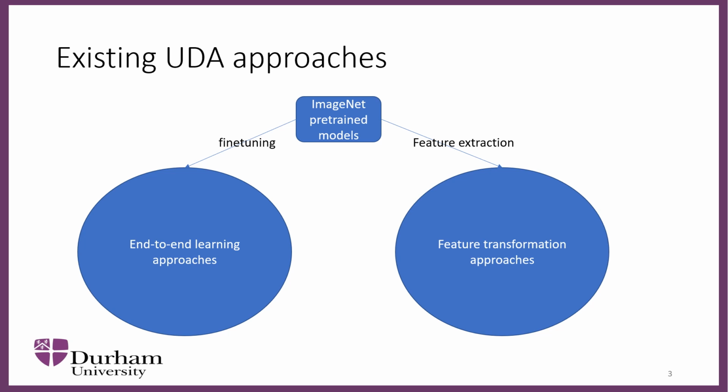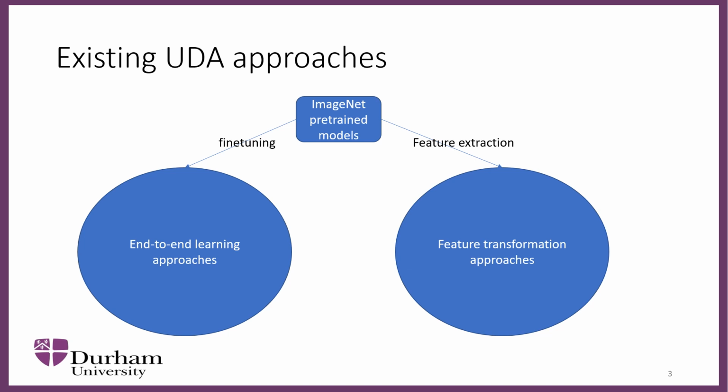End-to-end learning approaches use the pre-trained networks as backbones and modify the network architectures to learn domain-invariant representations and classification heads. In contrast, feature transformation approaches use a pre-trained model as a feature extractor and extract the deep features for the subsequent transformation and classifier training. It is obvious that feature transformation approaches rely on the capabilities of pre-trained deep features.